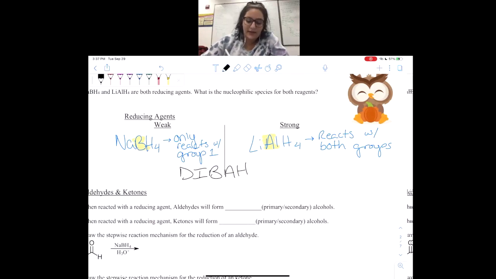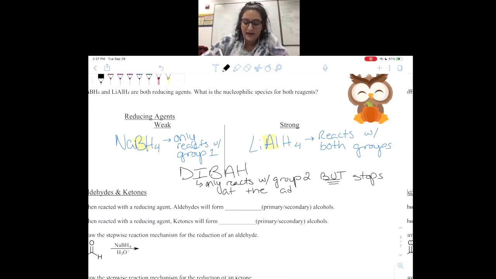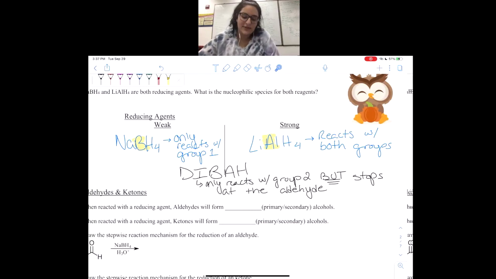And the way it works is it only reacts with group 2, but it stops at the aldehyde. And that will make sense in a moment once we do the reaction, but you have to know that reactants that react with DIBAL will not go to completion, they will stop at the aldehyde.